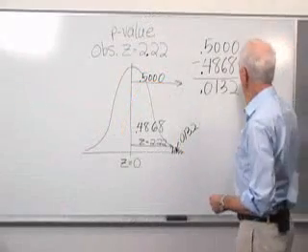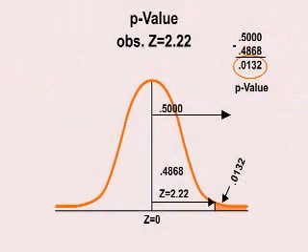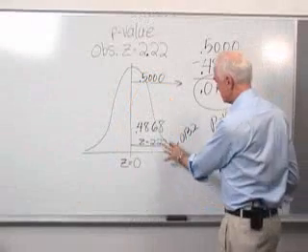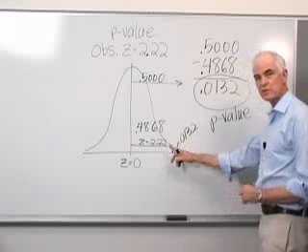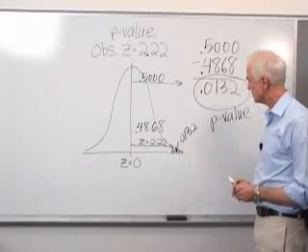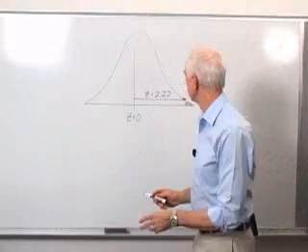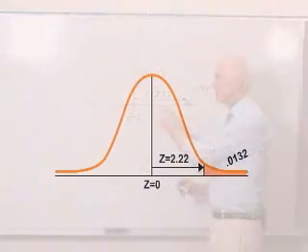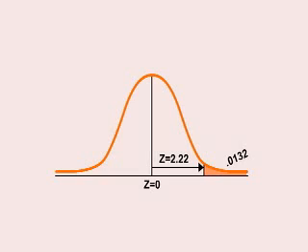This 0.0132 then is our p-value, and it's the portion of the graph that's past the z value, in this case 2.22. It's the portion of the graph that's in the tail of the distribution. So our p-value is 0.0132 in this particular distribution. What does that really mean?